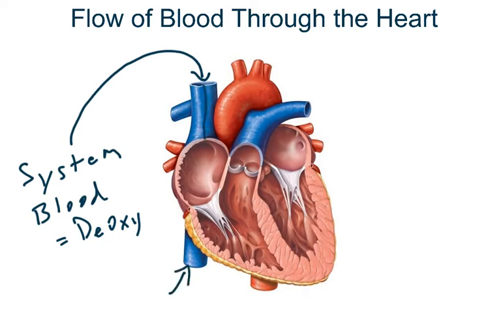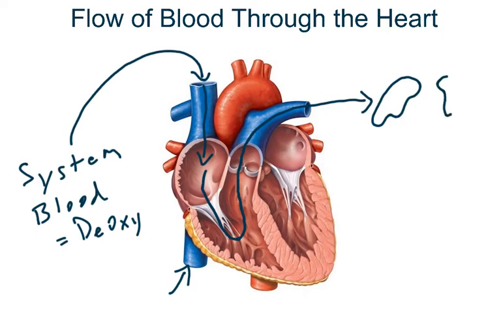And so we enter the right atria, and flow through the tricuspid valve into the right ventricle. From there, the ventricle pumps the blood up through the pulmonary artery, which takes the blood, still deoxygenated, to our lungs, right?